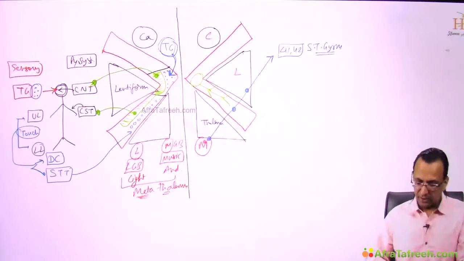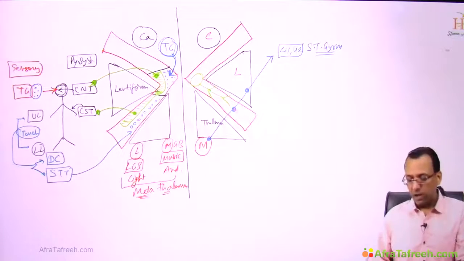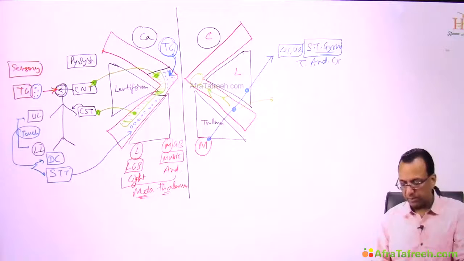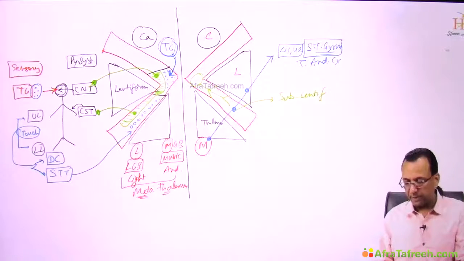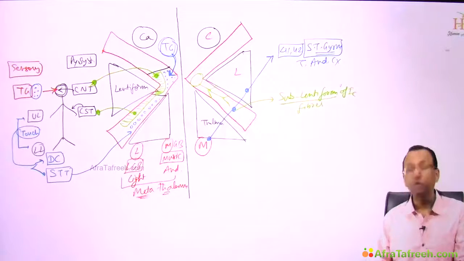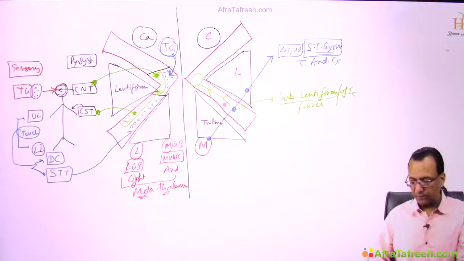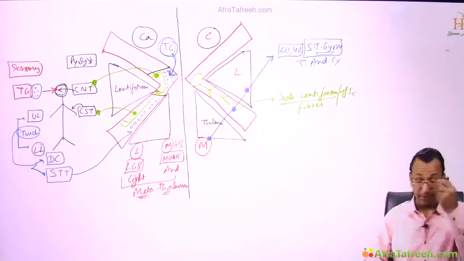As you have known earlier, these are called the sublentiform fibers of the internal capsule, because they are passing under the lentiform nucleus, carrying the auditory information.